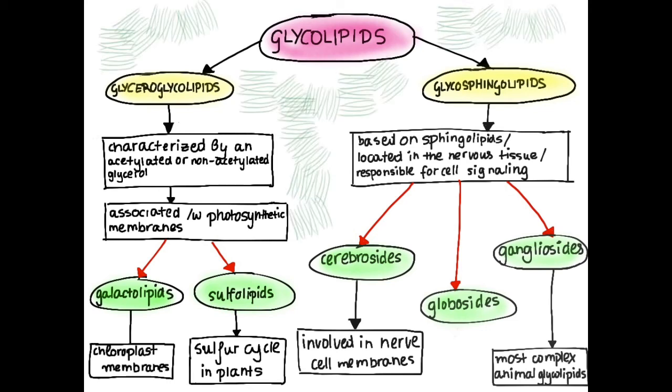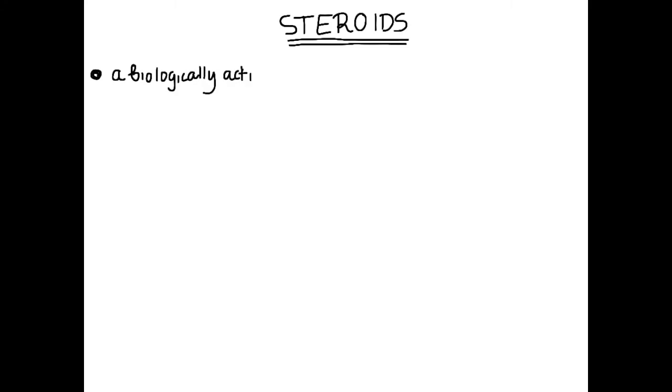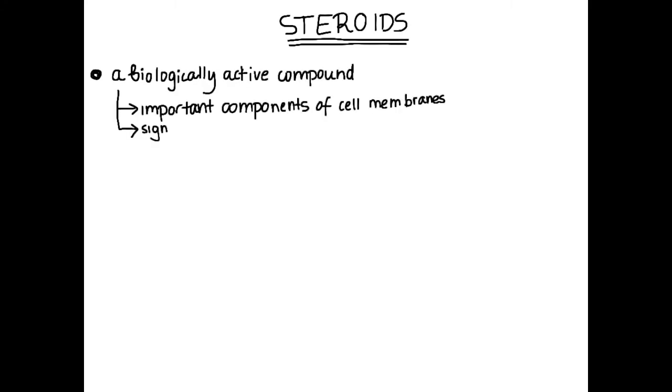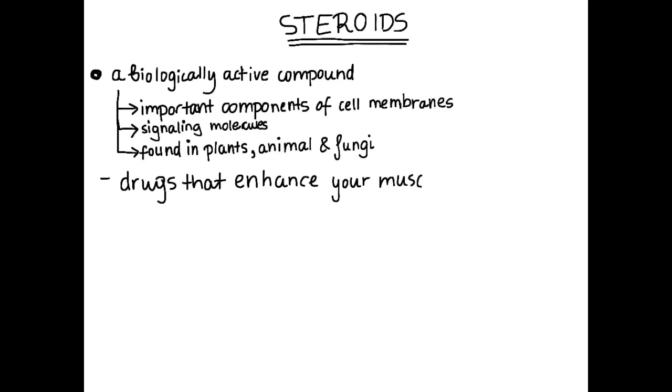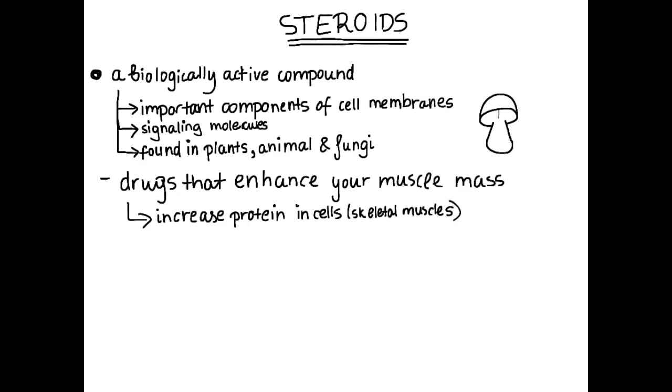The last type of complex lipids that we will talk about today are steroids. Steroids are biologically active organic compounds with four rings arranged in a specific molecular configuration. They have two principal biological functions: as important components of cell membranes, which alter membrane fluidity, and as signaling molecules.